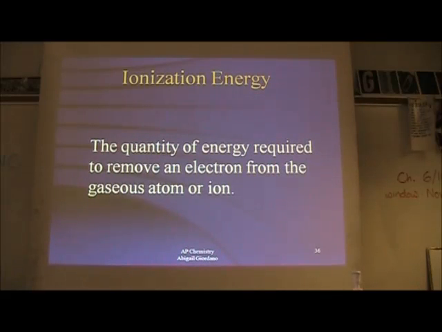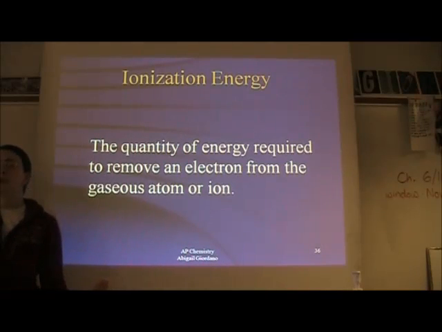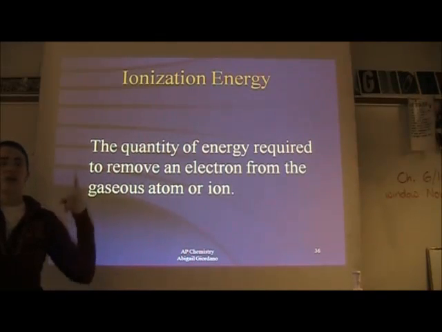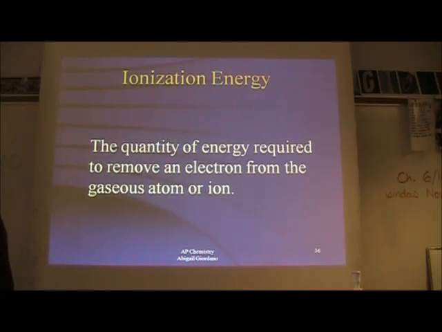Now, when you took Chem 1, you learned a whole bunch of different periodic trends. You learned about ionization energy, electronegativity, atomic radius, ionic radius. Some of you may have even talked about electron affinity. But here is the good news.